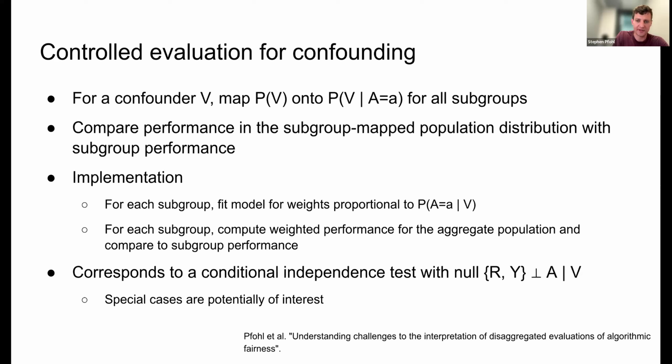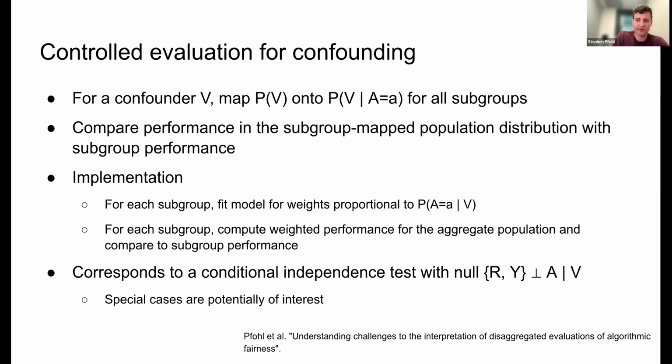And you can actually just do this with weights that are proportional to the probability of A given B. And then you can compare the weighted population performance to the subgroup performance separately for each subgroup. Interestingly, this corresponds to a conditional dependence test against the null hypothesis that corresponds to that conditional dependence statement I showed in the previous slide.